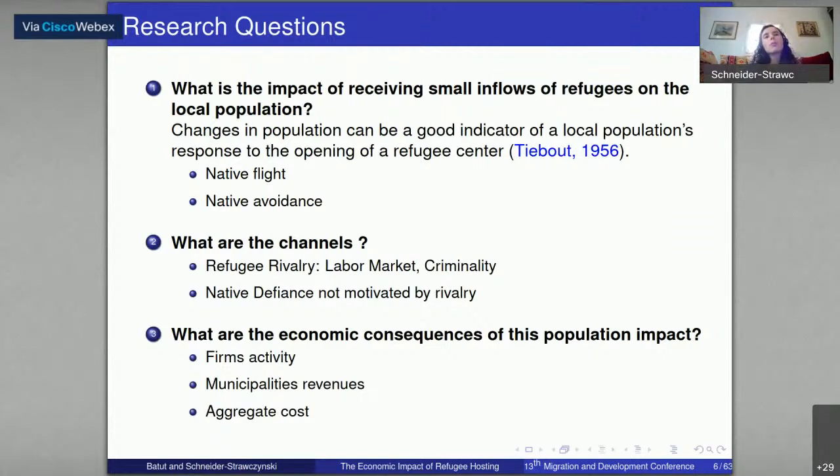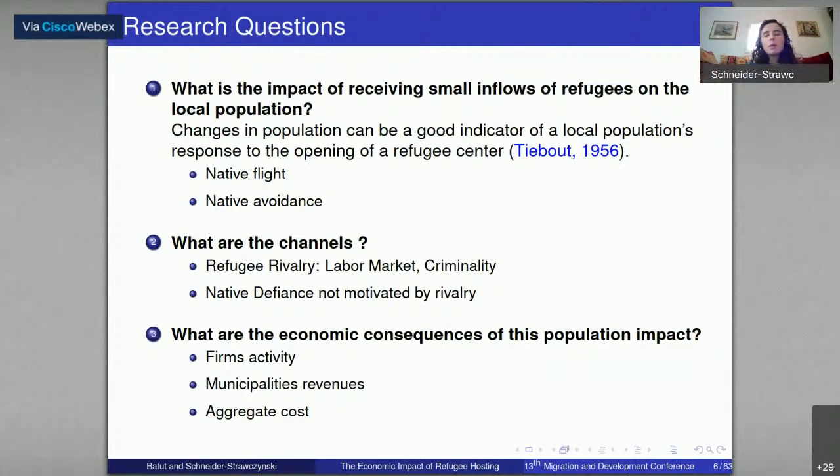And this change of population could be due to the refugee rivalry, so actual threats on the labor market, or a decreased living environment because of a rise in criminality, or it could also be due to native defiance, so a reaction of natives not motivated by rivalry but by other factors, for instance, their prejudice over refugees.